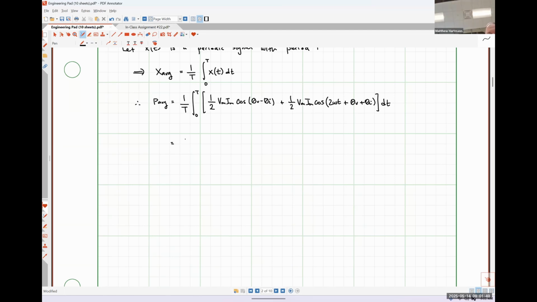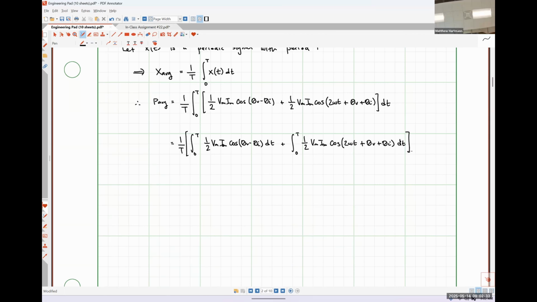So I could break this up as 1 over T, open braces, times the integral from 0 to T of 1/2 Vm Im cosine of theta v minus theta i dt, plus the integral from 0 to capital T of 1/2 Vm Im cosine of twice omega t plus theta v plus theta i dt.